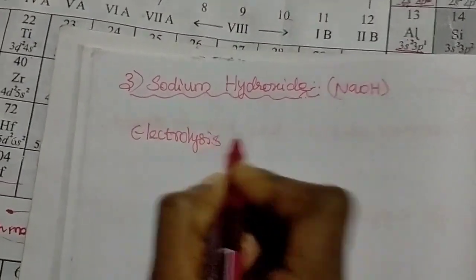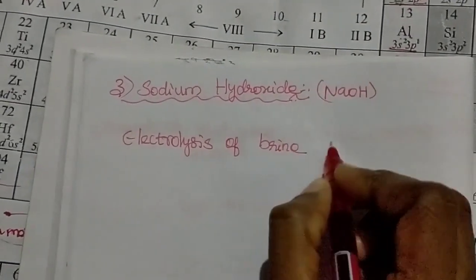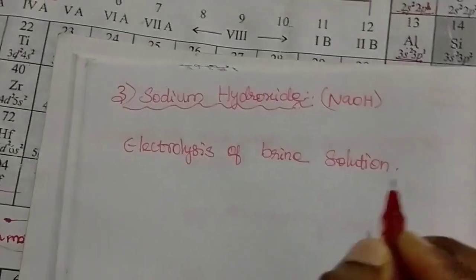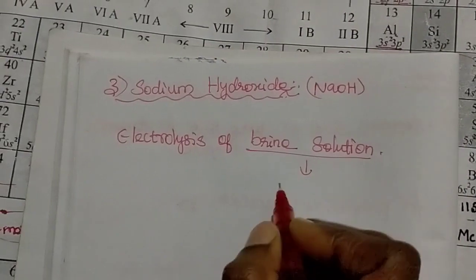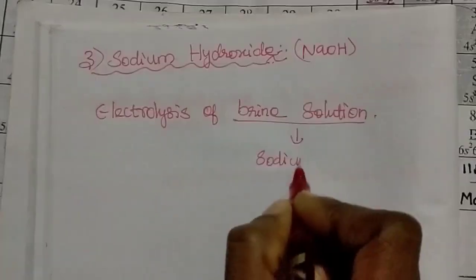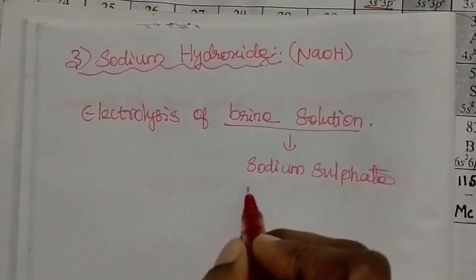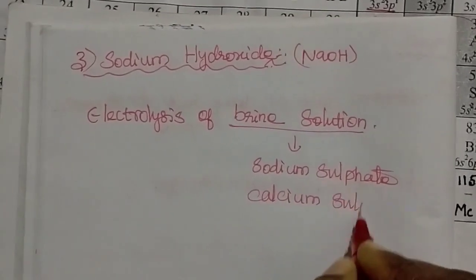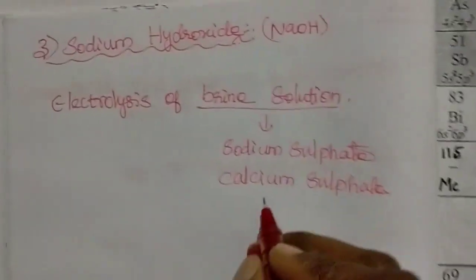Electrolysis of brine solution. So what is the composition of brine solution? It is sodium sulfate, calcium sulfate and magnesium chloride.